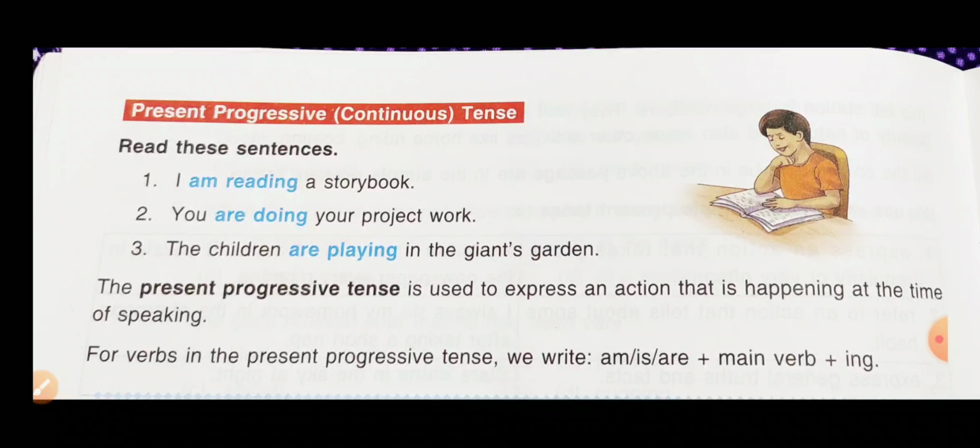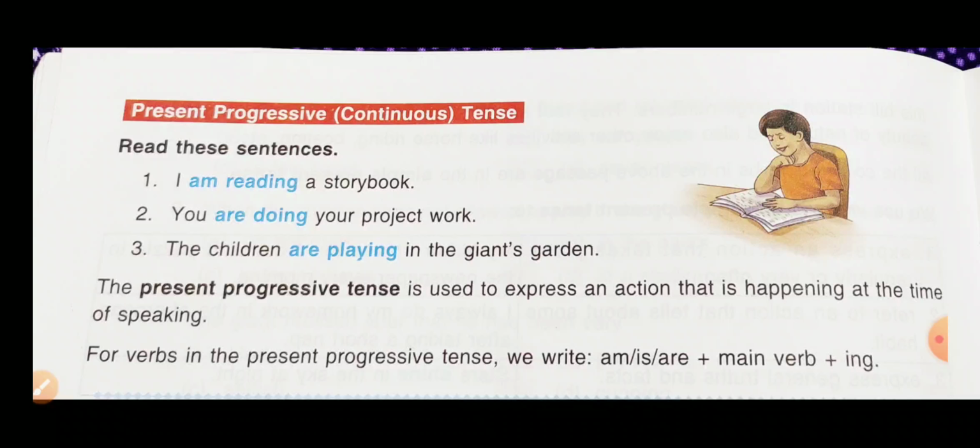The boy is reading the book. Right now he is reading the book. At this time, whatever is happening, to express that action we use present continuous tense. Okay?